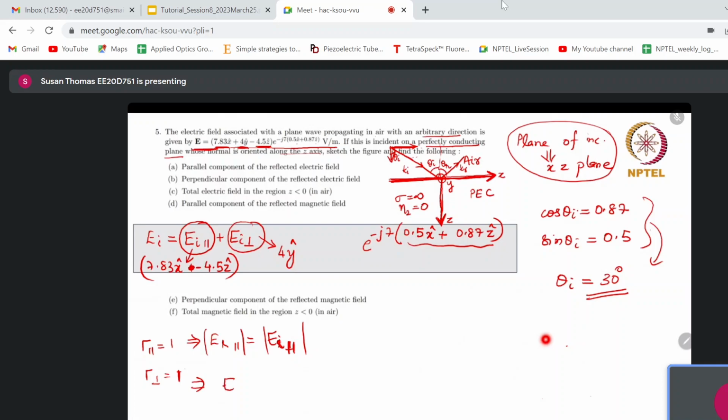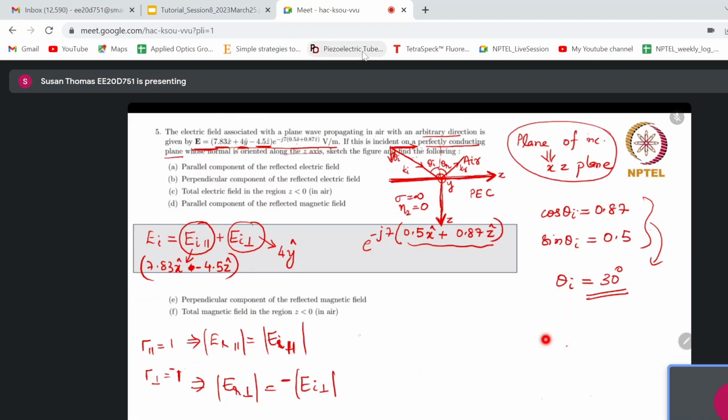Similarly, ER perpendicular is equal to minus EI perpendicular. So this is this one.